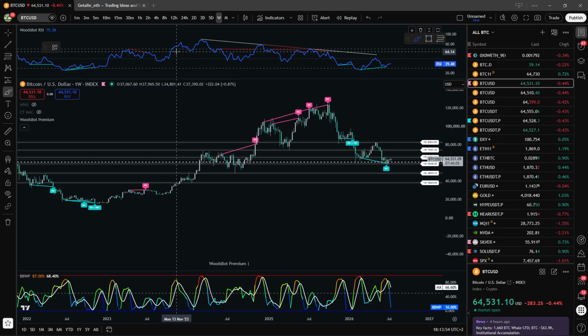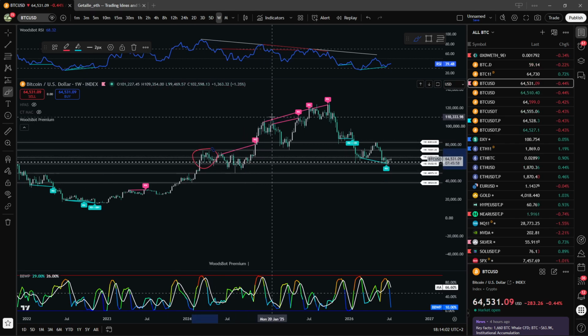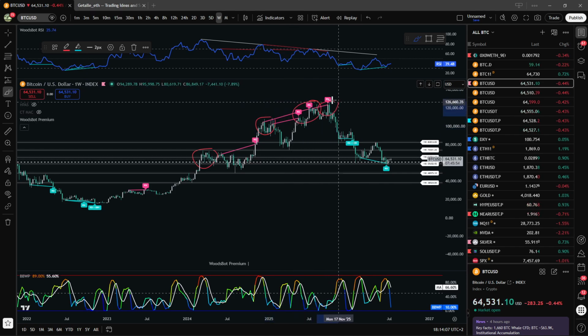It works really, really well. I think it even works better than on price action itself. And you can see every time RSI touched this trend line, it was the top. Eventually this trend line marked the macro top for Bitcoin.